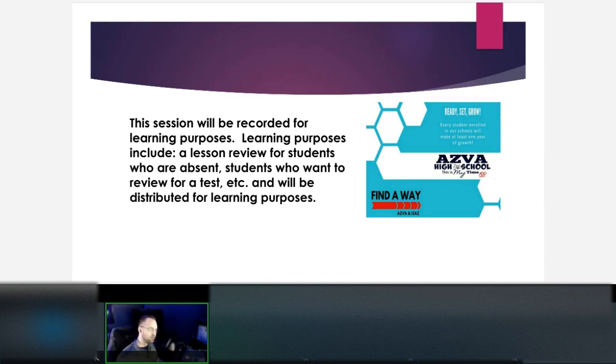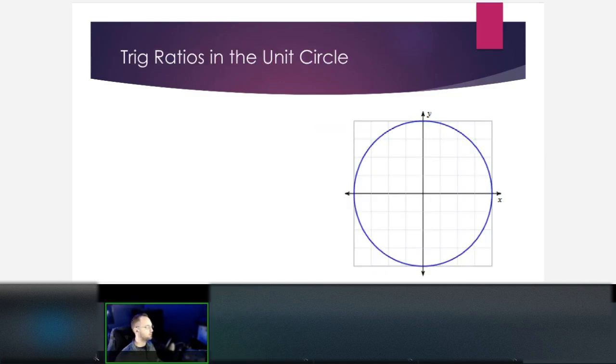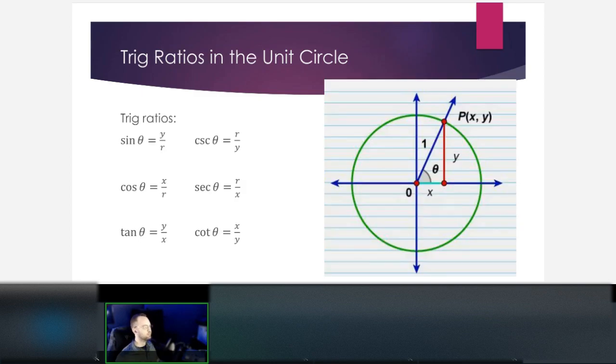Will be recorded as always. Right now, slide number 4. Make sure you have your paper and pencil. All right, well, that's a blank slide. Okay, here we go. Slide number 6. So maybe it's not that long as I thought. All right, make sure I'm recording.